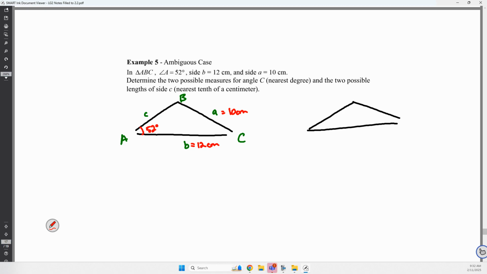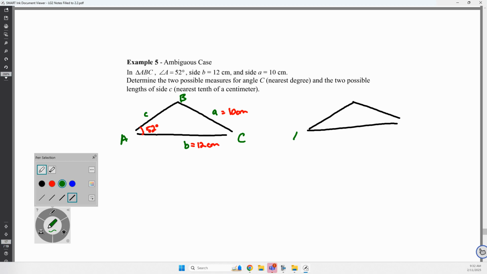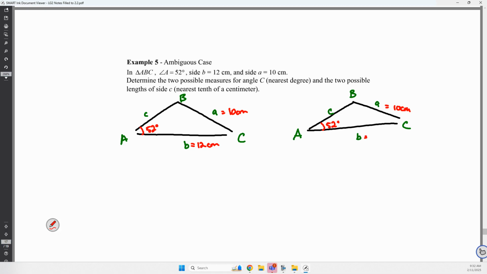In our obtuse case, following this exact same thing, A, C, B, C, A, B, I again put in my same angle, 52 degrees, and the same thing, 10 centimeters, and B is also 12 centimeters.